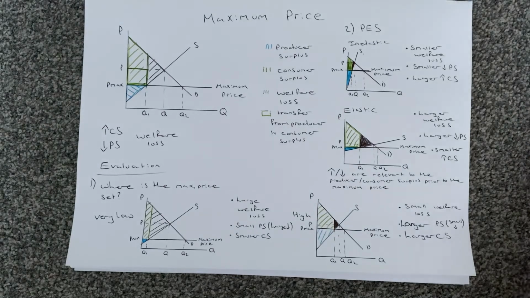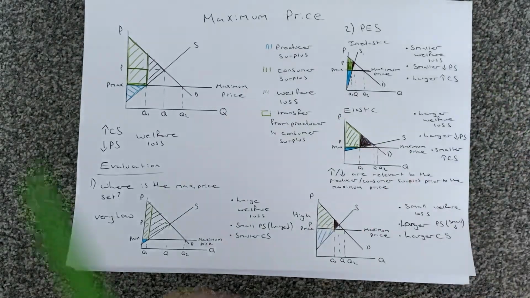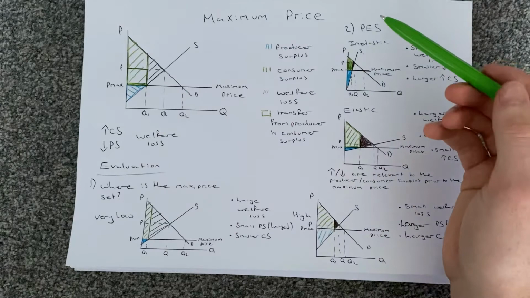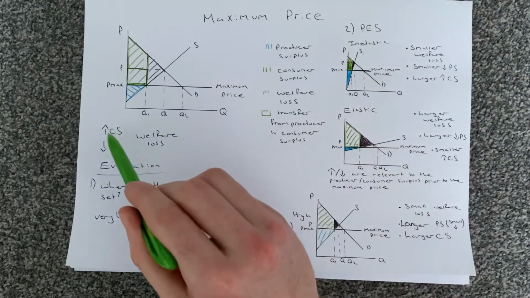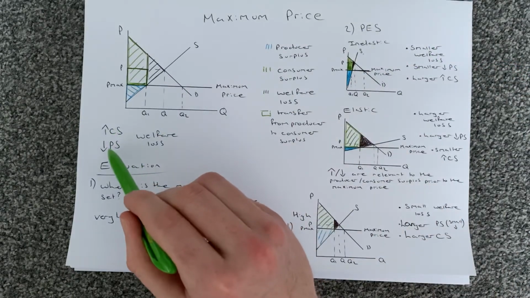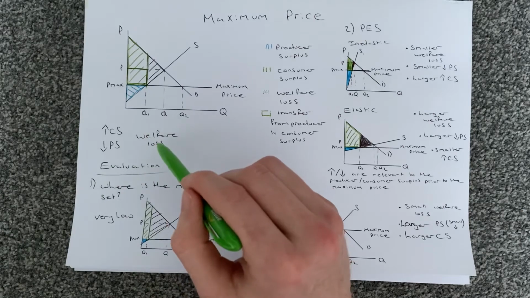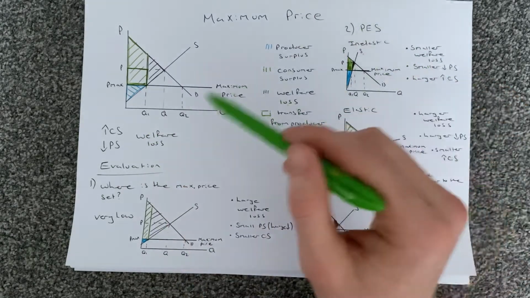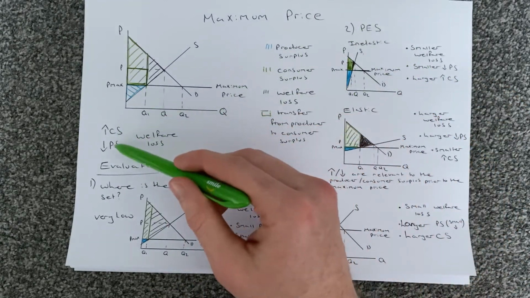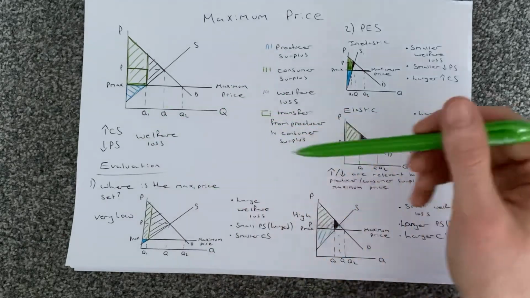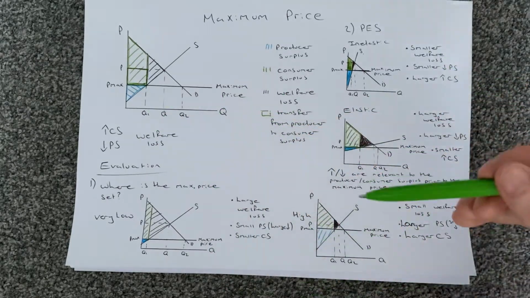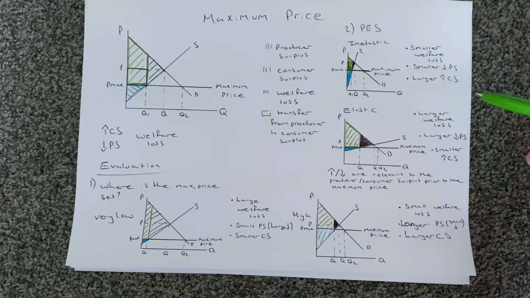So just to recap, the key points to talk about when talking about a maximum price and the impacts upon producer and consumer surplus: consumer surplus rises, producer surplus falls, and there is unfortunately a welfare loss. The extent to which these increases and decreases occur must be considered in context with regards to where it is set and the price elasticity of supply.